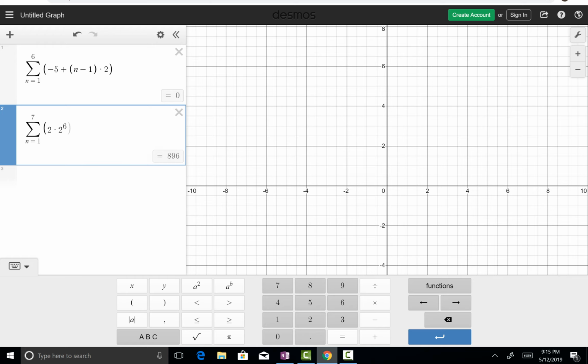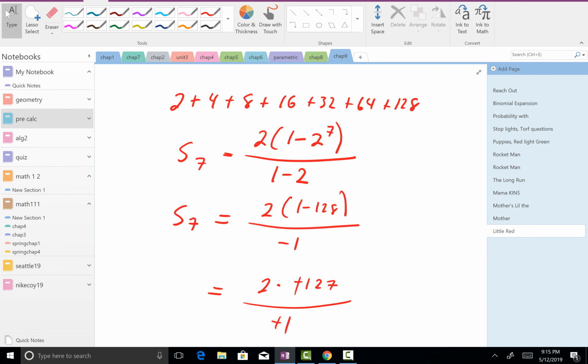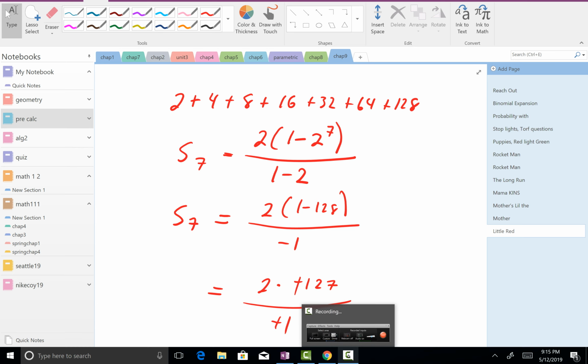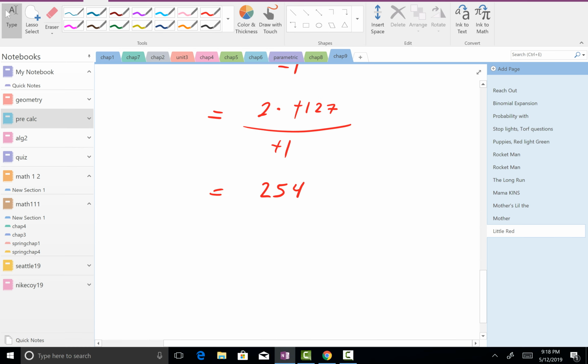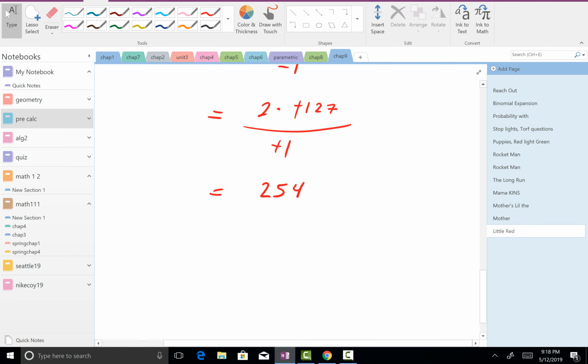There we go. 896. Is that what I came up with? No, I just definitely messed this up here. Okay. Well, dummy me put 6 there instead of n minus 1. And now we got it right. Okay. So you can go either way with this, all right, using either the formula or the summation or our document too, because it will also do it, all right. I definitely want to show you how to do some geometrics, okay.